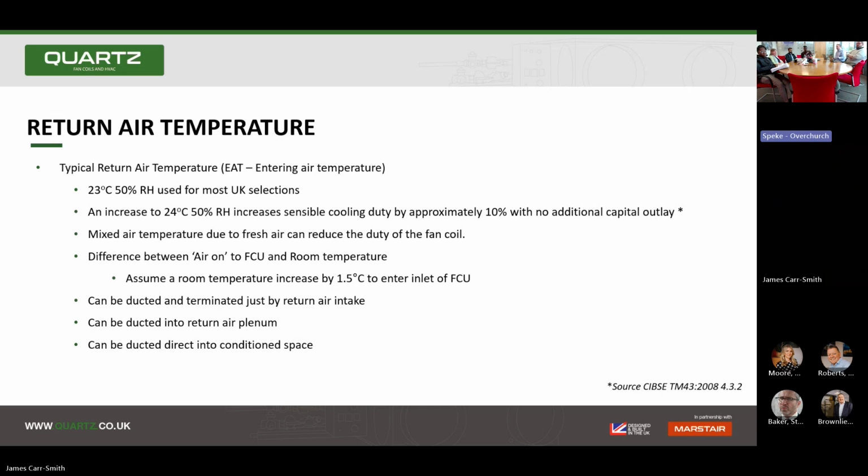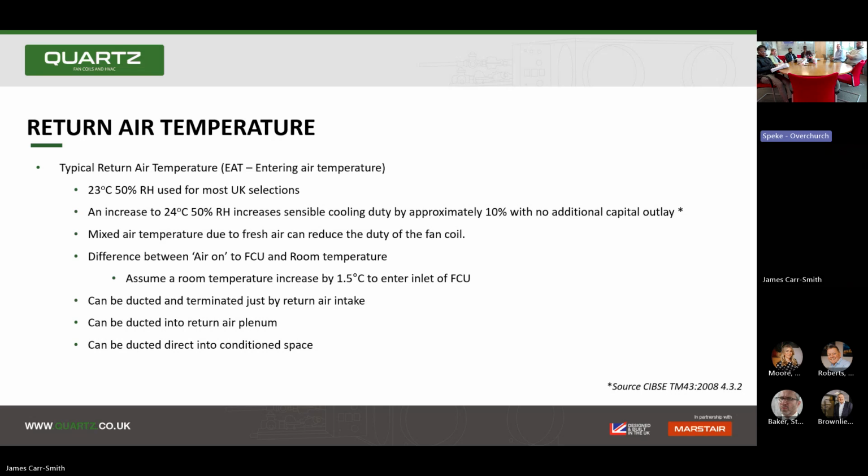So if somebody talks about maintaining 23 in a room, we'd probably use 24 or 24.5 into the back of that unit, because above a ceiling void, you've got lights, you've got heat generating, heat risers against a concrete floor there. Therefore, you do pick up that extra temperature, and that is used as a publicised way that manufacturers can work.